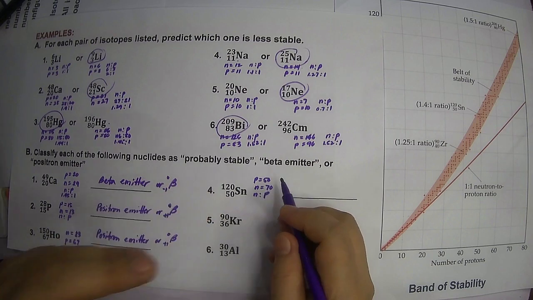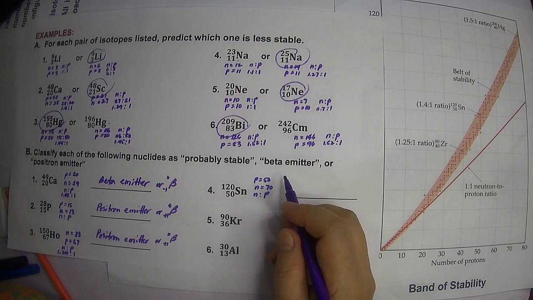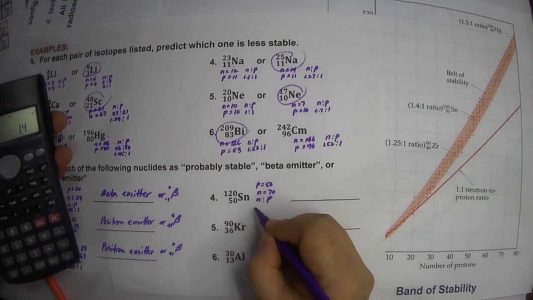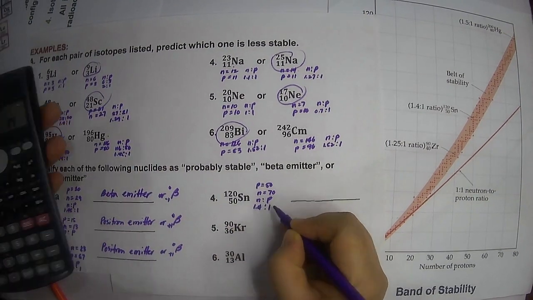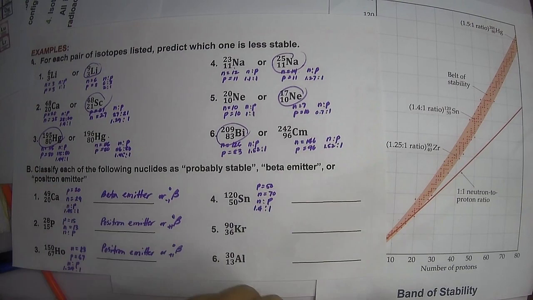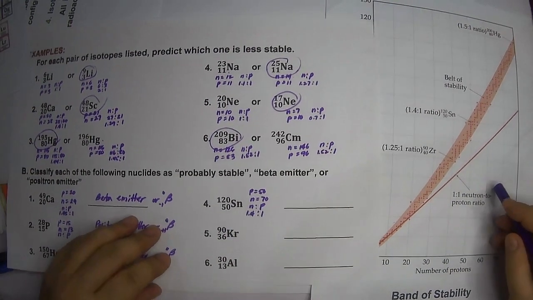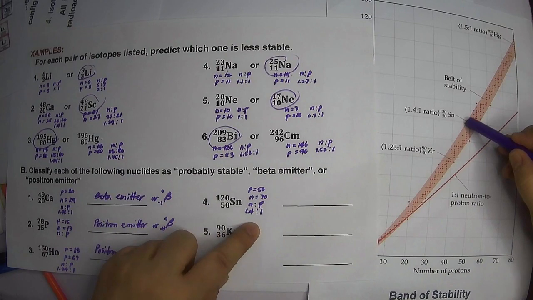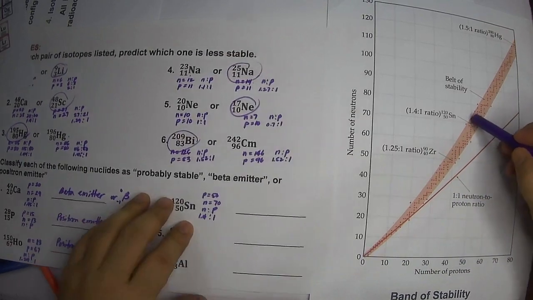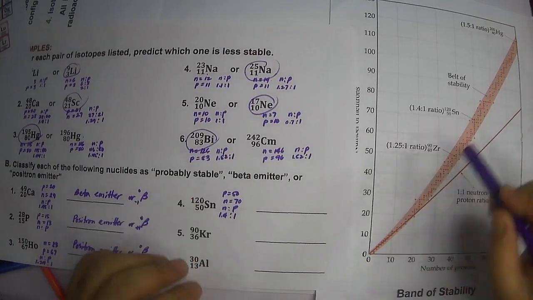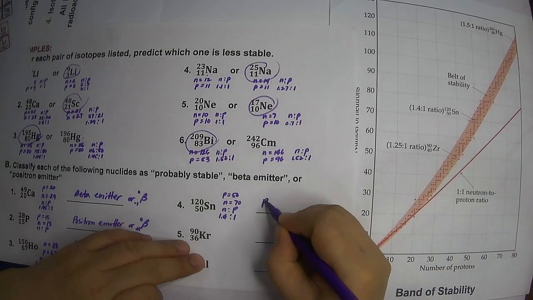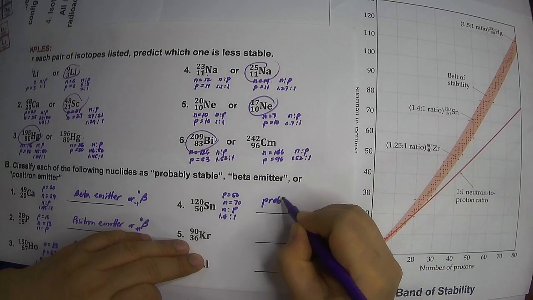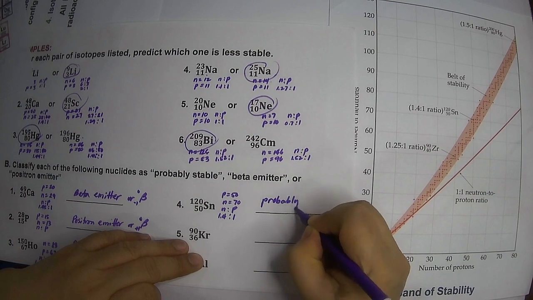We have 70, we divide that by 50, it is 1.4:1. So let's look at the position of tin. It's within 1.4:1. 50, 70. So this is probably stable.